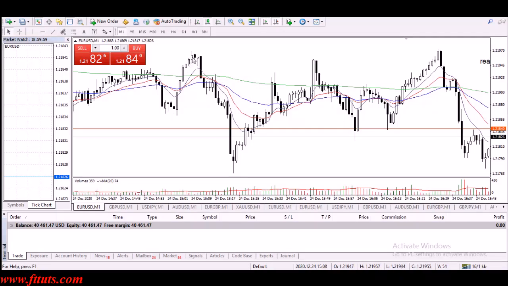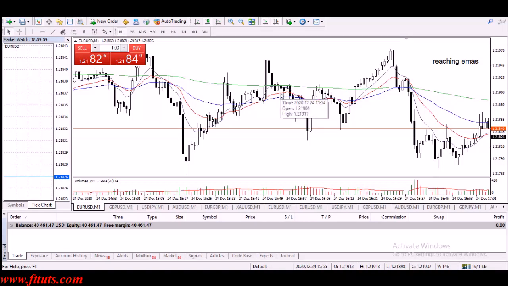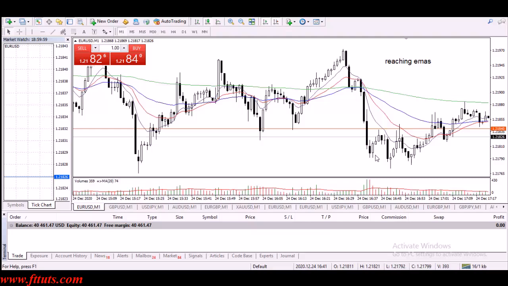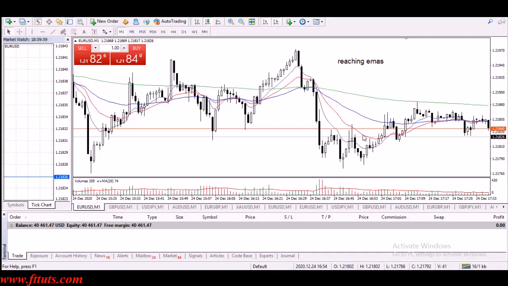Start selling from here and close on EMAs. Start buying and close on EMAs. Also sell, close on EMAs, sell, close, buy, close when price reaches EMAs, buy, close when price reaches EMAs. Also from here, buy and close when price reaches EMAs.